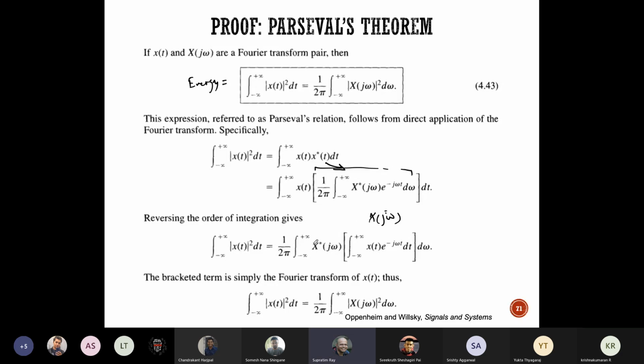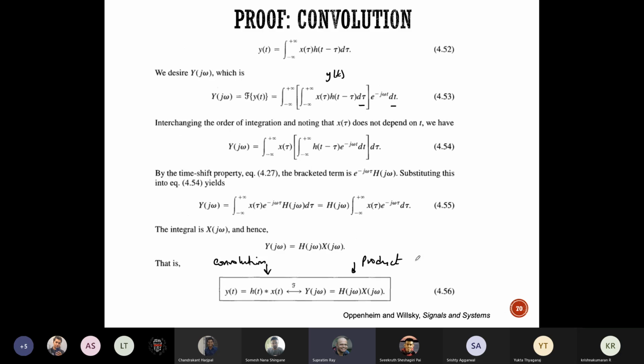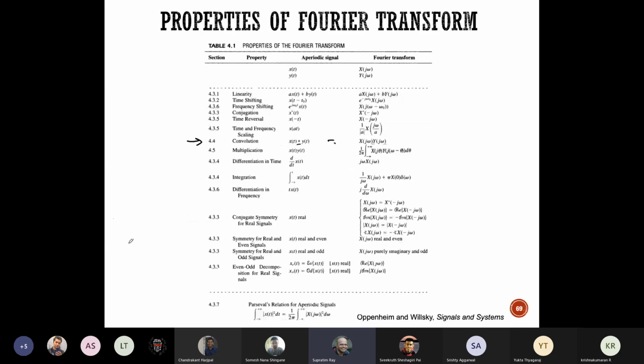And therefore, this is just the product of X star(j omega) with X(j omega), which is this. So Parseval's theorem, this is the other important relationship for aperiodic signals. The integral over time is the same as the integral over frequency. And this is actually how we compute the energy of the signal.